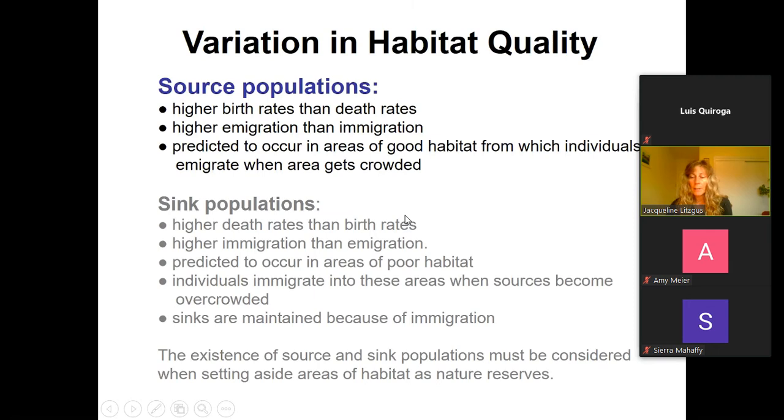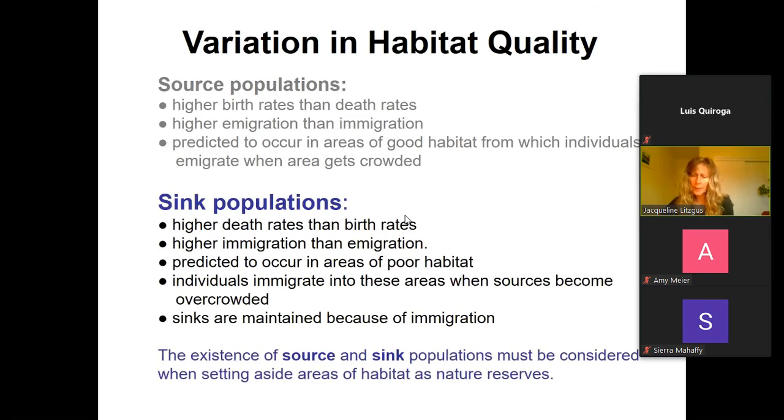So again, this is predicted to grow in areas of good quality habitat, but when it gets crowded, individuals will leave. And so the population is growing in these sources. As opposed to sinks, here we have a case where the death rate is higher and the birth rates are lower, and you're going to have more immigration. More individuals are going to be arriving.